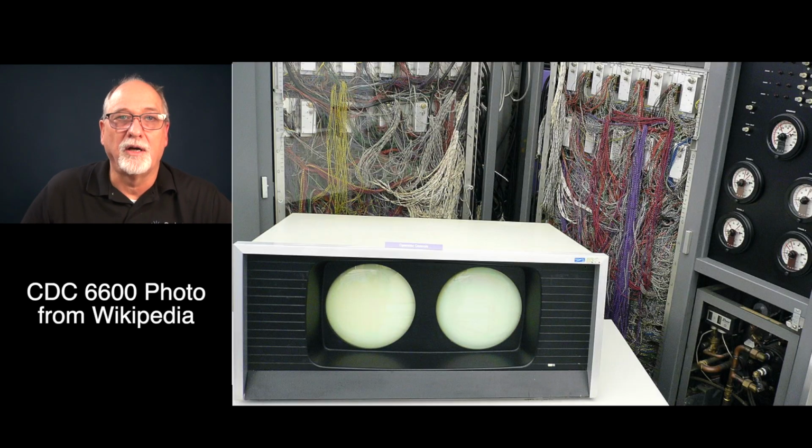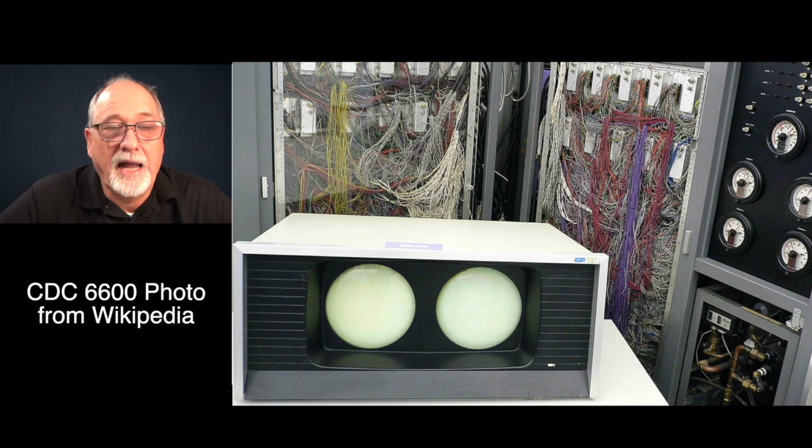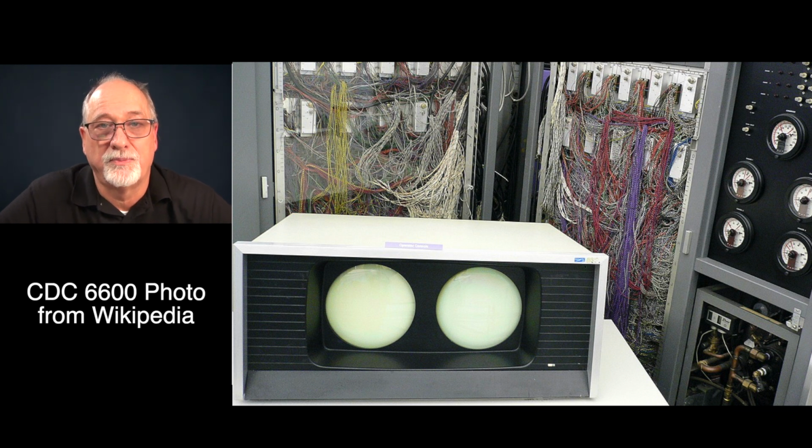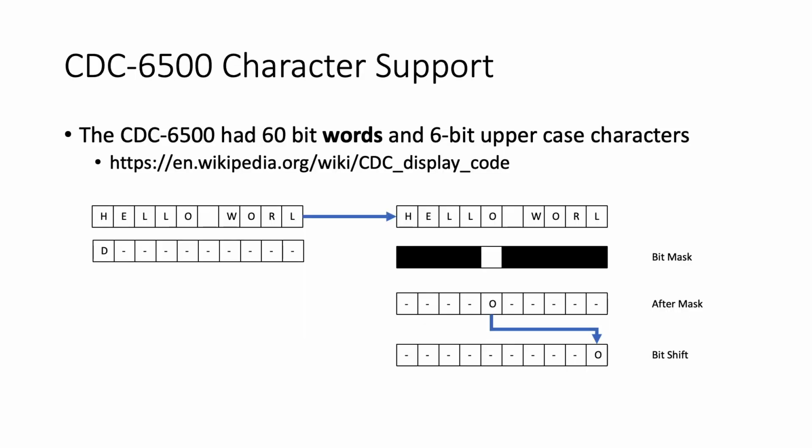So if I take a look at the way I had to do character support on a CDC 6500, which is the computer I was using in 1975, 1976, it was a scientific computer. It barely cared about printing characters. It didn't even have lowercase. It had 60-bit words and packed 6-bit uppercase characters into those words.